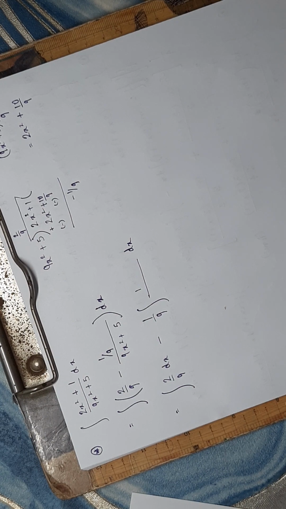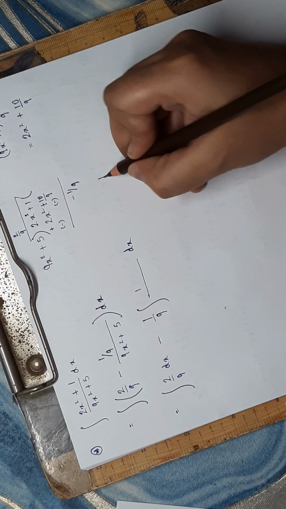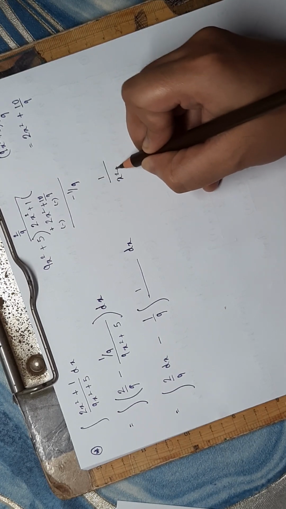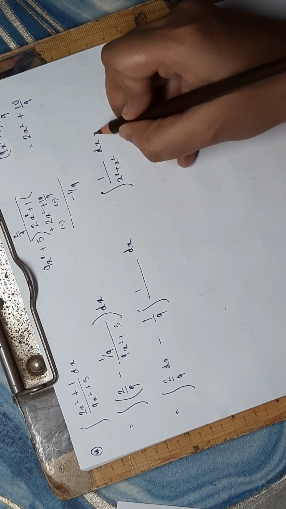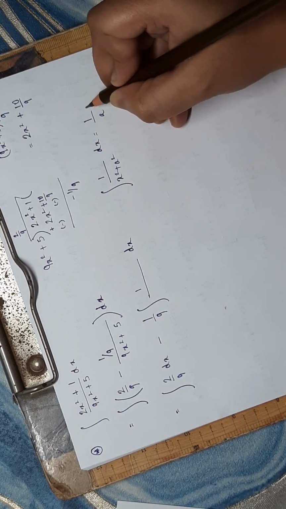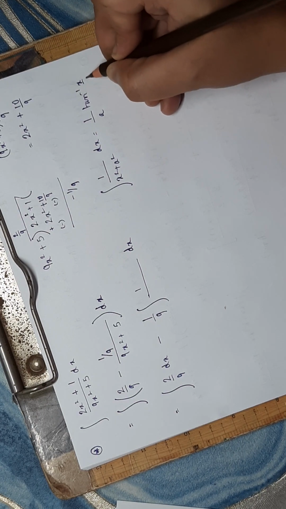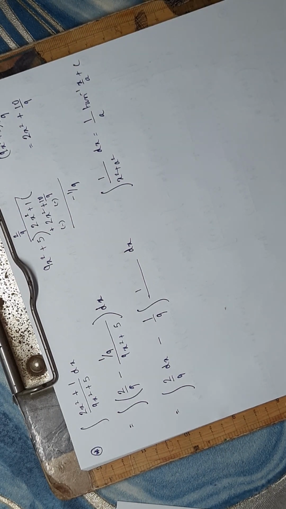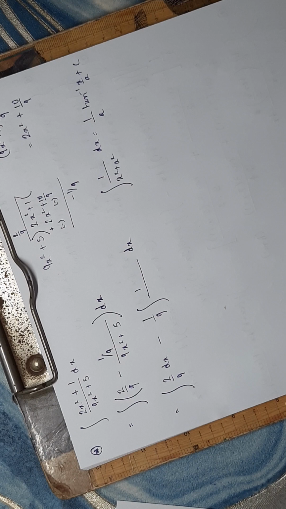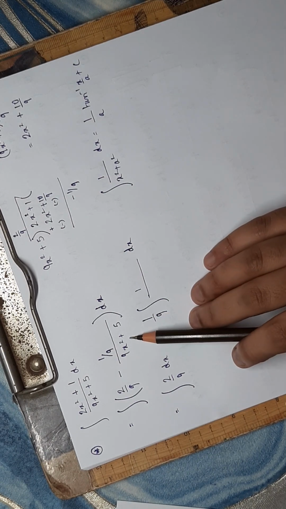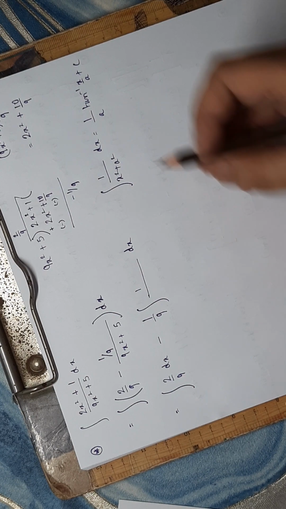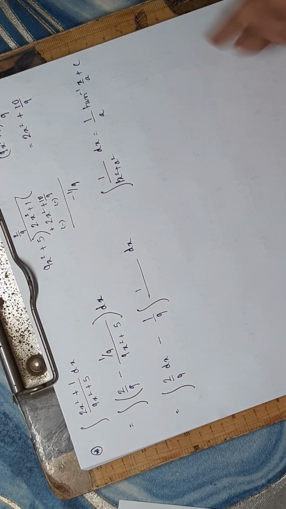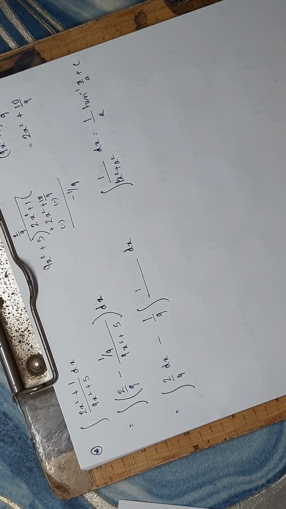Now essentially we have dealt with the formula which says that integration of 1 by (x square plus a square) into dx is nothing but 1 by a tan inverse of x by a plus c. So this is something that we have dealt with. But unfortunately here we have 9x square, that is, we have a coefficient of x square here, but in the formula the coefficient of x square is nothing but 1.